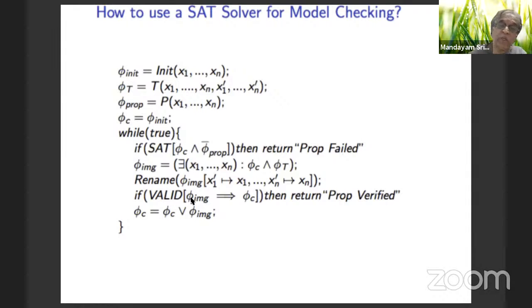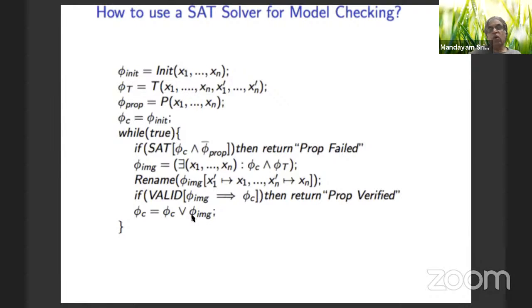You take the negation of this and then check if it is unsat, which can be done. Then you declare the property is verified. Otherwise you add the newly computed image, that is, you take the disjunction of the current accumulated set of reachable states, and then you repeat.